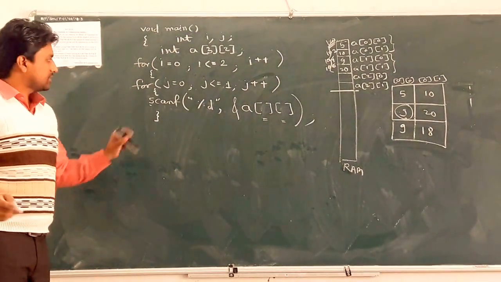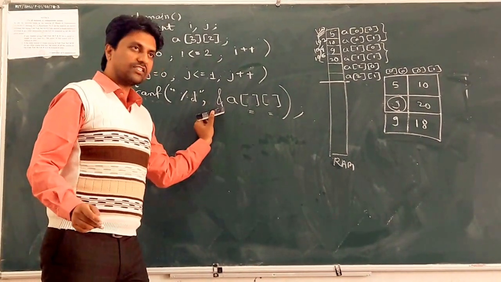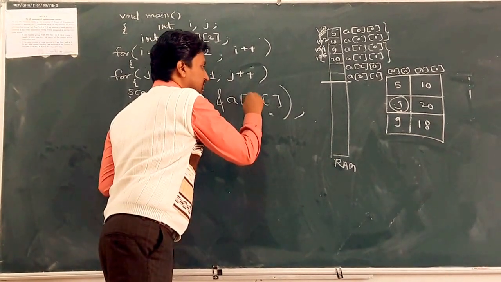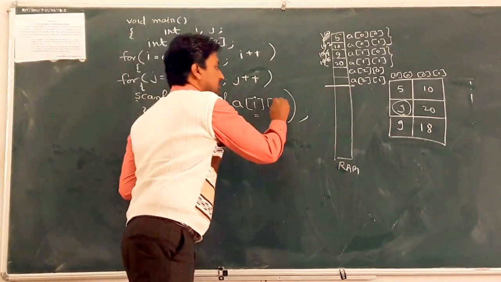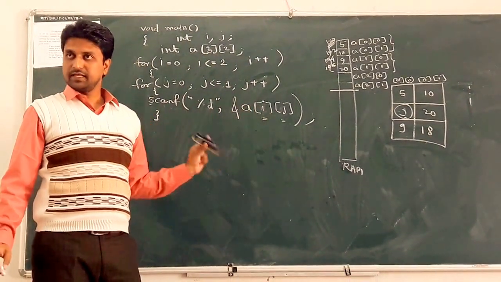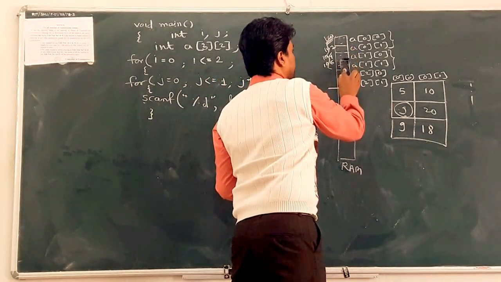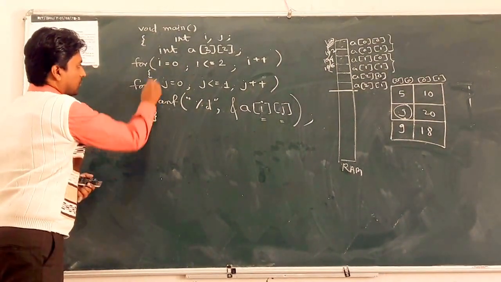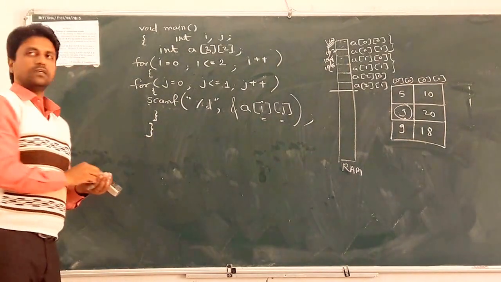Next, scan the value and store it at the address of A of i j, that is the current row number and column number. Clear? So the inner for loop is completed, then the outer for loop is completed.